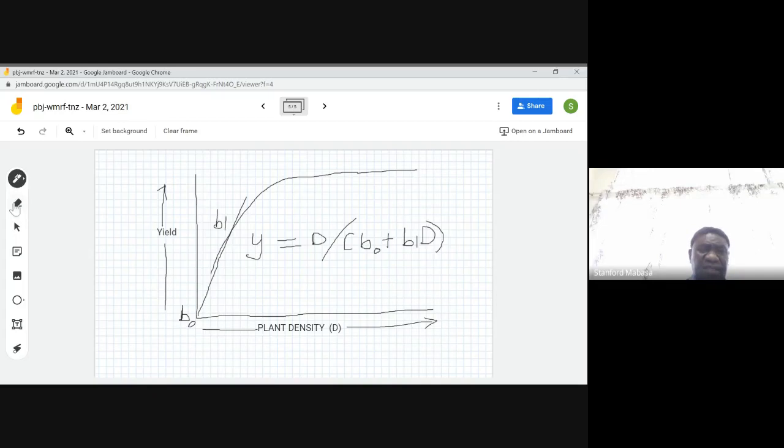Let me indicate properly this bracket so that it doesn't look like a C. Okay, I've made it worse.